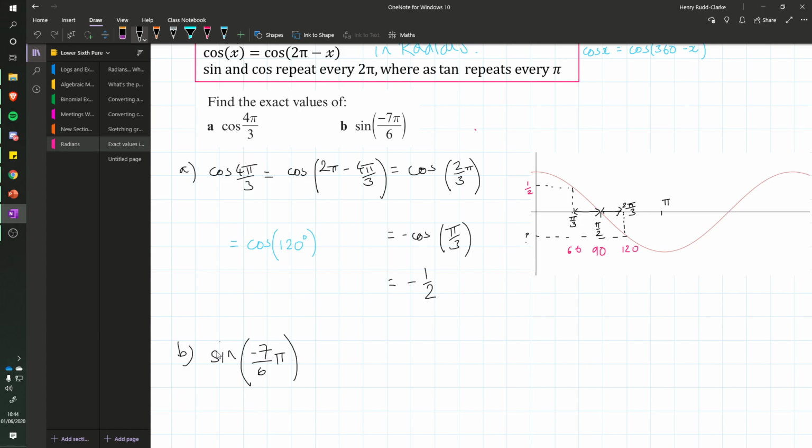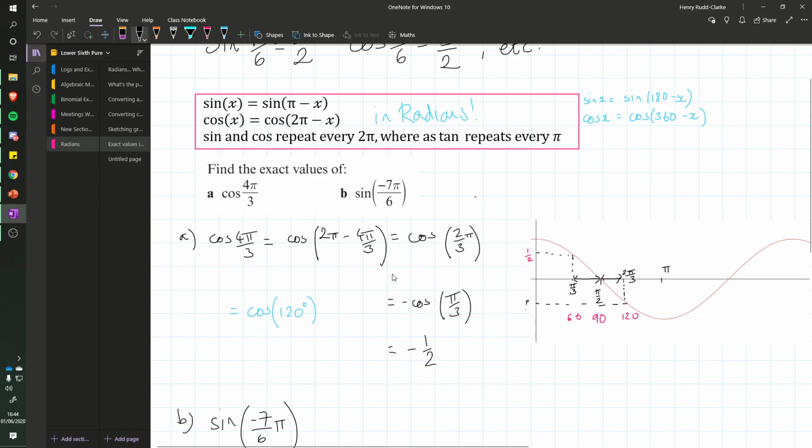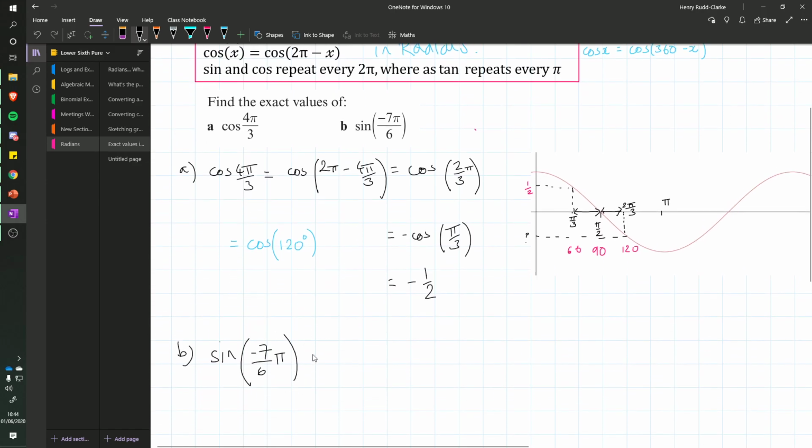Minus 7 over 6 pi, sine of. So sine of this. Let's do some manipulating. I'm going to say this is a negative. Maybe the first thing I want to do is make it a positive, so I can add 2 pi to it. So sine of this is going to be equal to sine of minus 7 pi over 6 plus 2 pi.